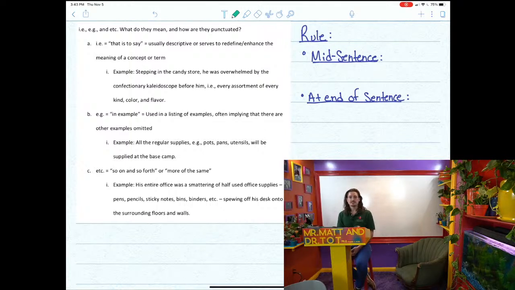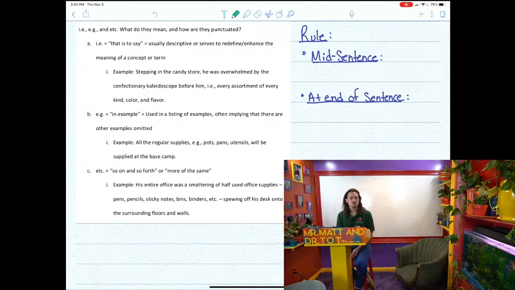I.e. is used when you're giving a specific example, and sometimes it can be more conceptual rather than necessarily the exact thing that you're trying to mention, although it could be. But i.e. means more "that is to say," whereas e.g. is the one that means "for example."